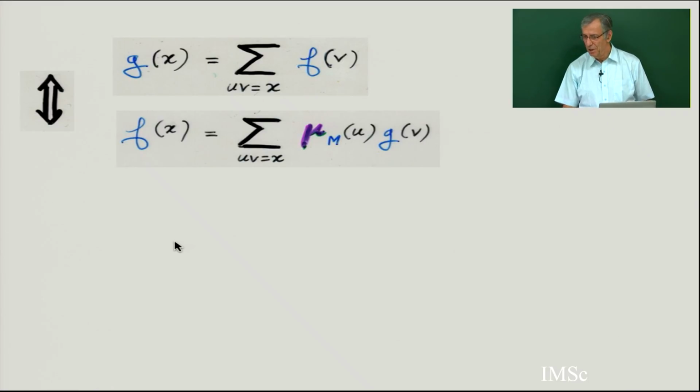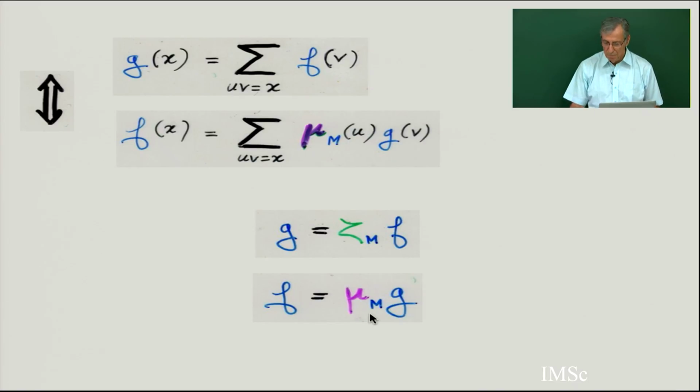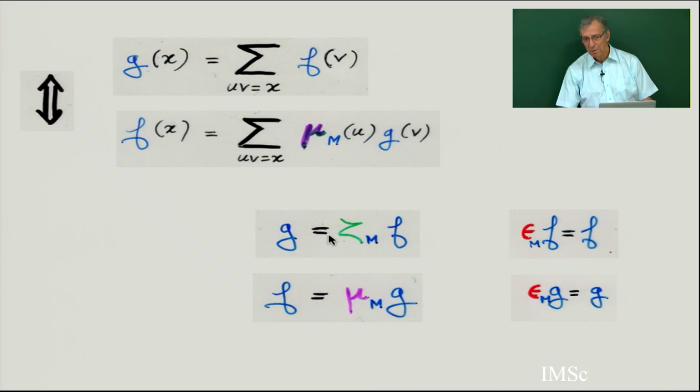If you look carefully at the definition of the product, it means that G is the product of zeta by F, and this relation means that F is the product of G by mu. Because multiplying on the left by mu gives mu g equal mu zeta f, which is epsilon f, and epsilon f is f. So you get back this.